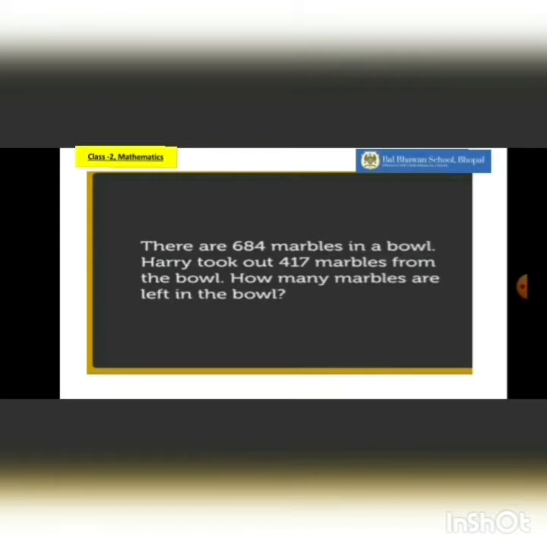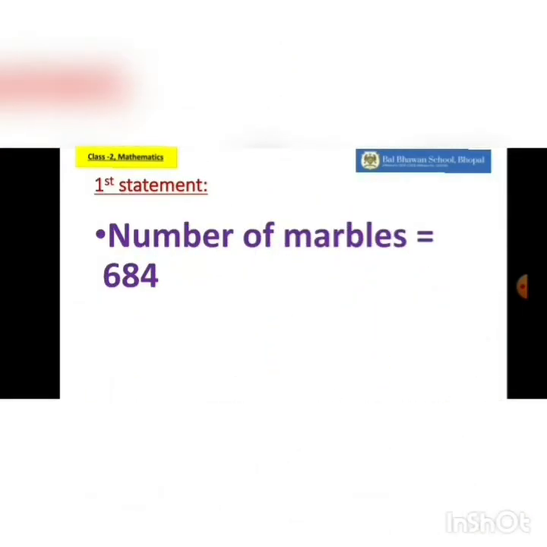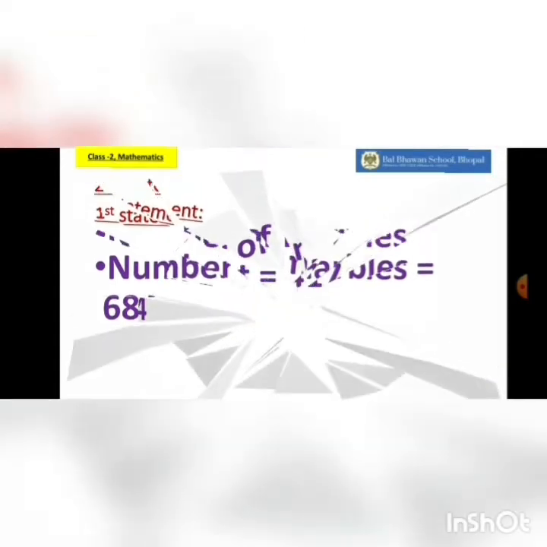They are telling us that we have a number of marbles, 684, and the number of marbles taken out, 417. We know this. Now before writing the sum and solving it, we have to write the statements. So first statement would be: number of marbles, how many? 684.